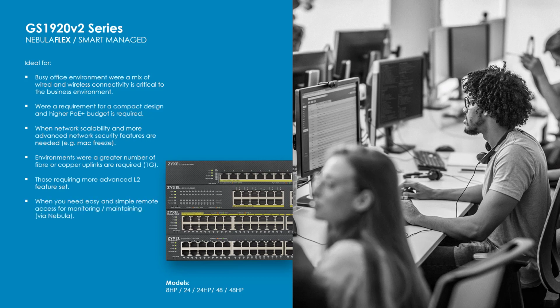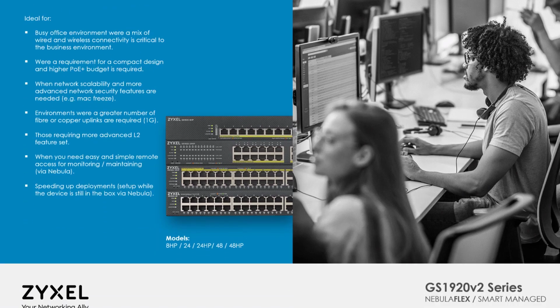With the 1920v2 series, obviously we can take advantage of the Nebula functionality, which we'll talk a lot more about as we go further into this presentation. But this enables you to create simple remote access monitoring and maintenance via the Nebula platform, as well as speeding up the process of deployment.